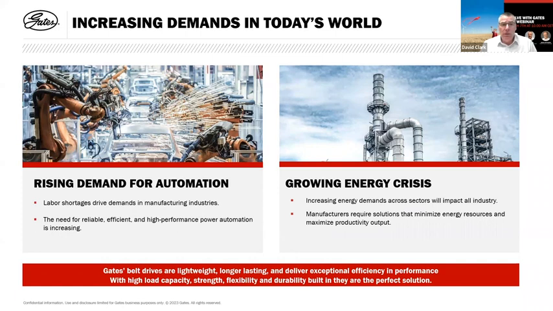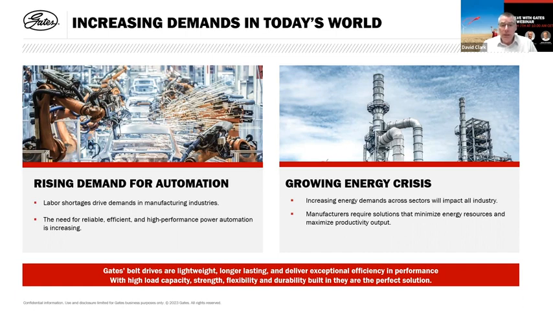And our solutions are trying to mitigate and optimize solutions to overcome and minimize the effect of things like labour shortages and increased automation. There's a growing energy crisis. I think everybody again is aware of that.